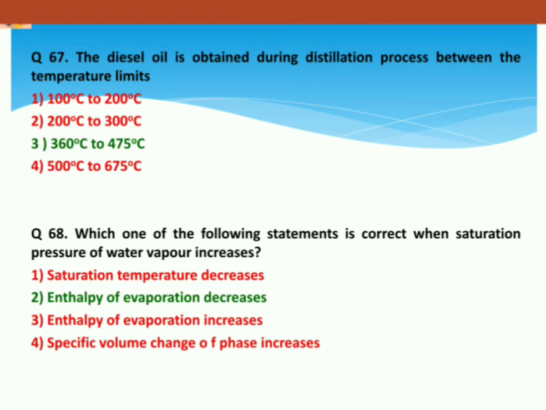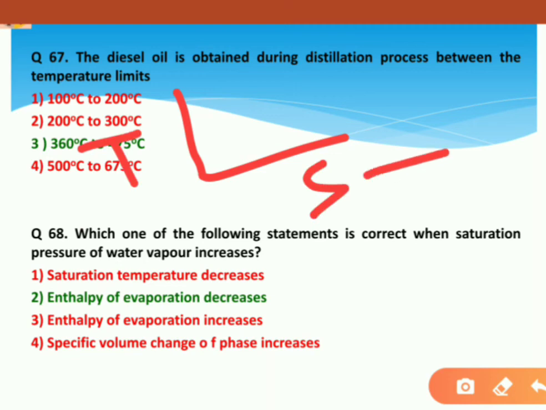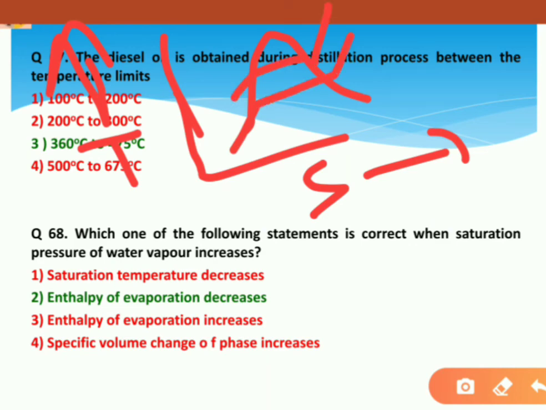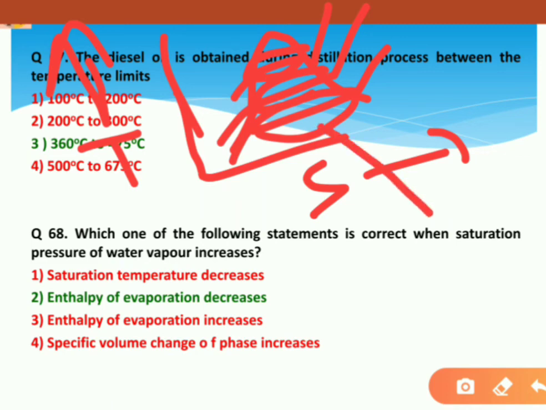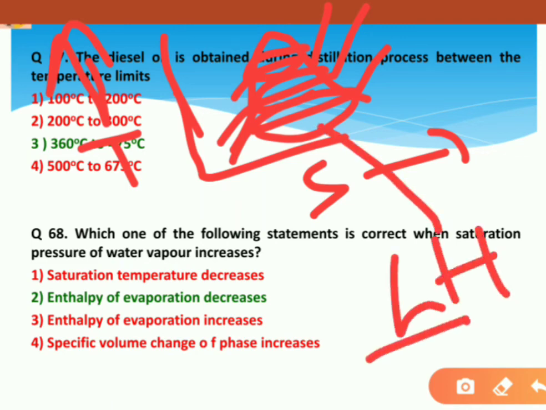Which one of the following statements is correct when saturation pressure of water vapor increases? See, it's a TS diagram, temperature and entropy diagram, with a vapor dome. Those are the constant pressure lines, and that portion within the vapor dome is known as the enthalpy of evaporation, also known as latent heat.